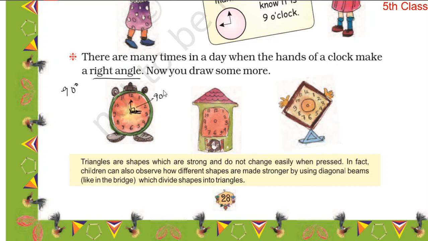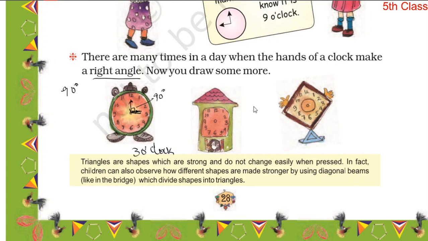Exactly, it is 90 degrees. The angle between these two hands is 90 degrees. Therefore, at what time will the angle be 90 degrees? 3 o'clock. Did you understand, all of you?